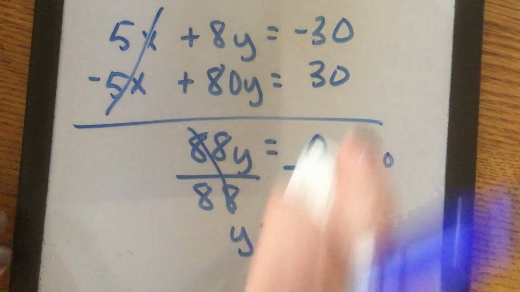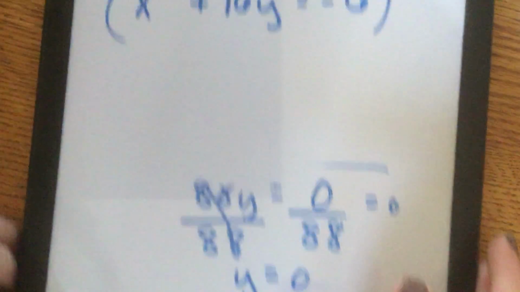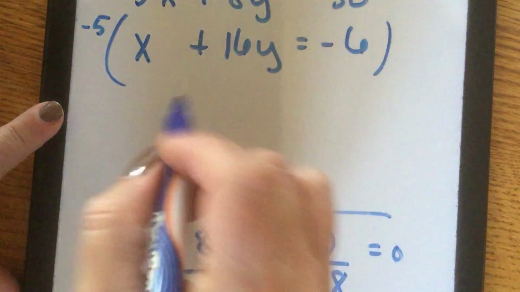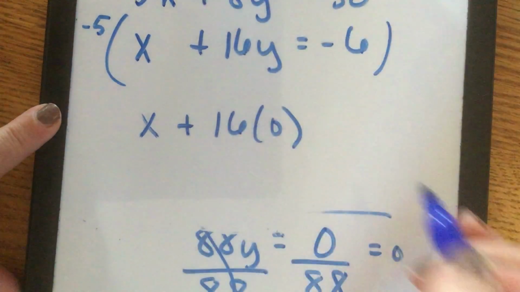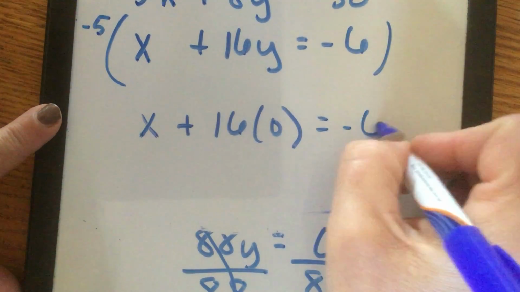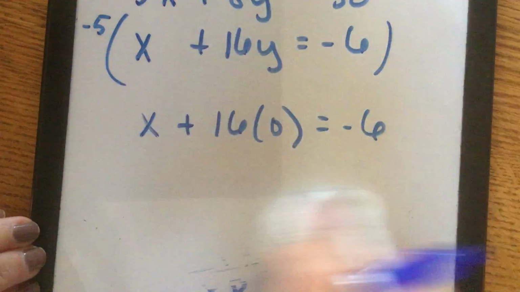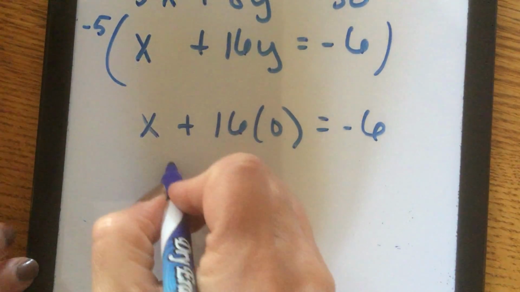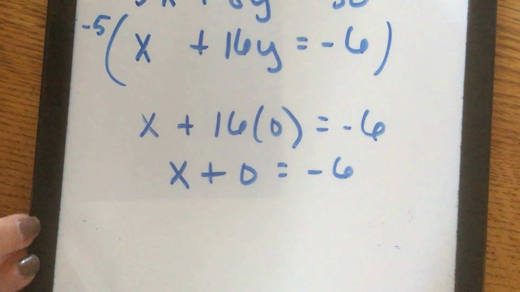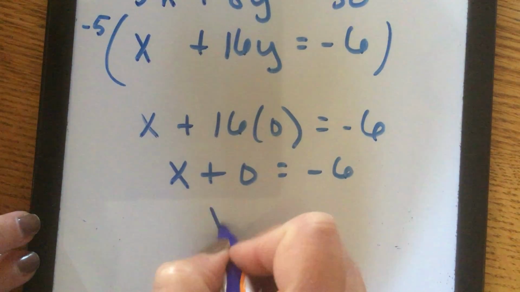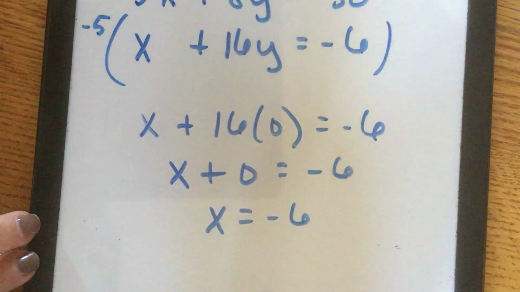So I'm going to erase some of this work here. If I plug it back up into this bottom one, I get x plus 16 times y, which is 0, is equal to negative 6. Well, anything times 0 is equal to 0, so this becomes x plus 0 is negative 6, and anything plus 0 is itself, so x equals negative 6.